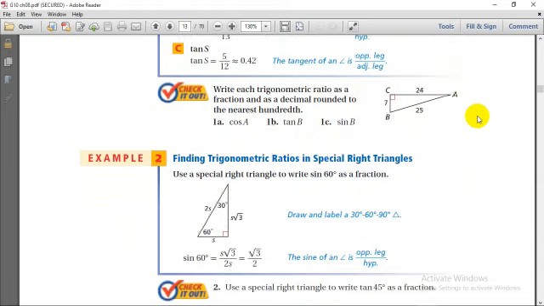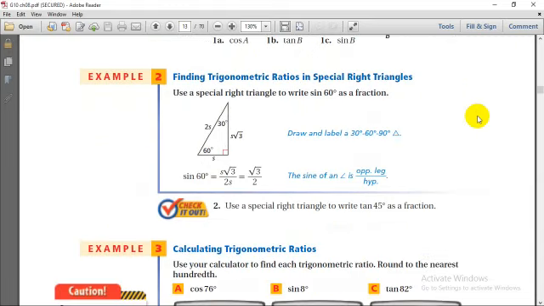I have here special trigonometric ratios in the right triangle. If this triangle has 60 and 30 degree angles, then I have a special case.